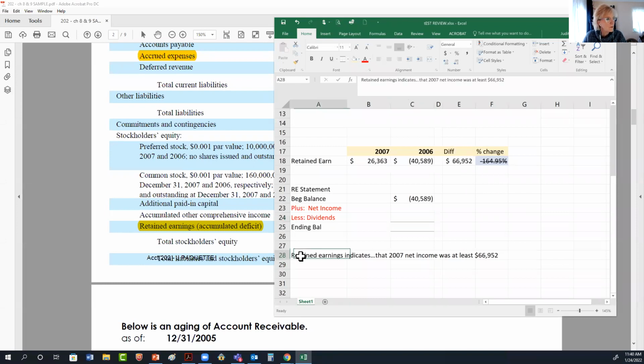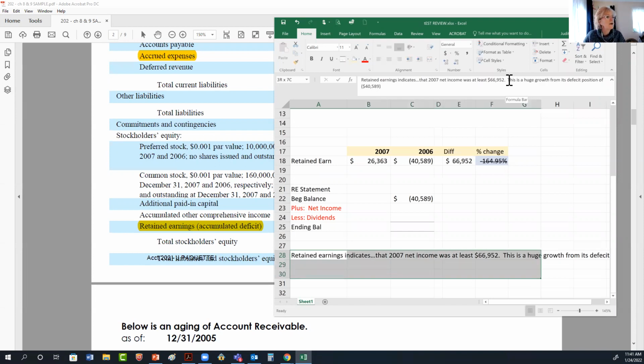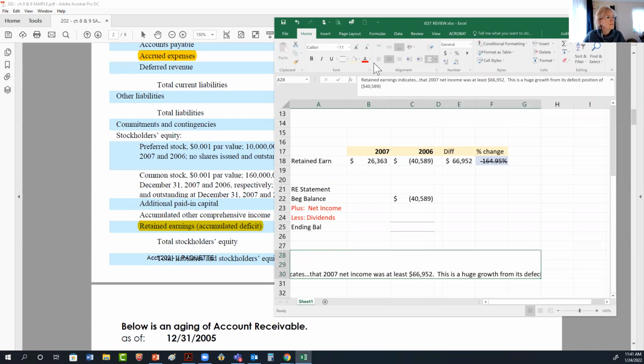Okay. And then you want to make a statement. This is a huge recovery, huge growth from its deficit position of 40,589. Yeah. And you really don't have, it doesn't make sense to do a percent.